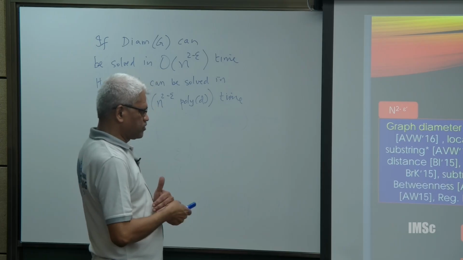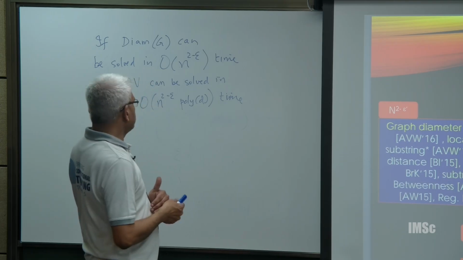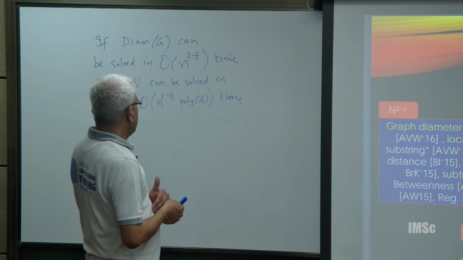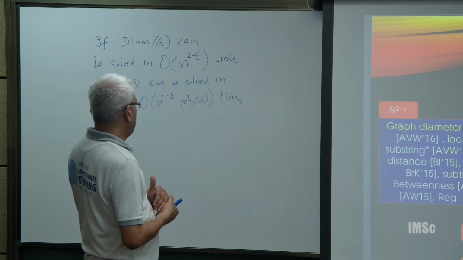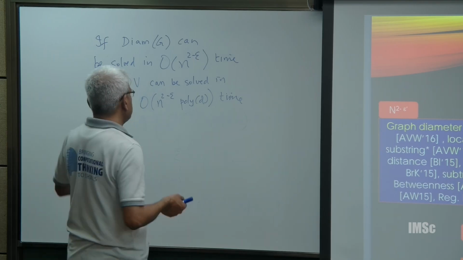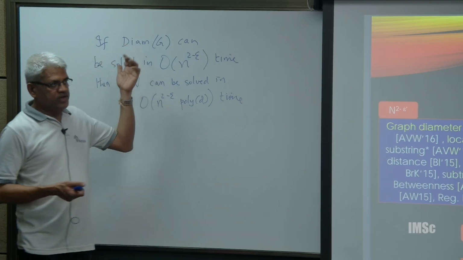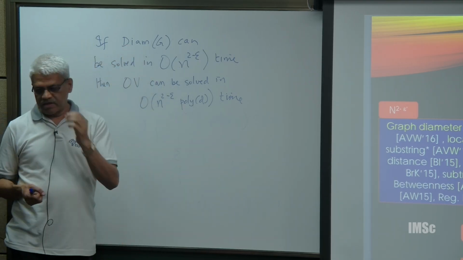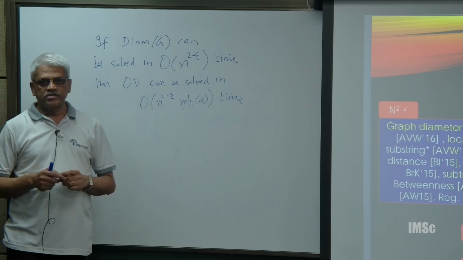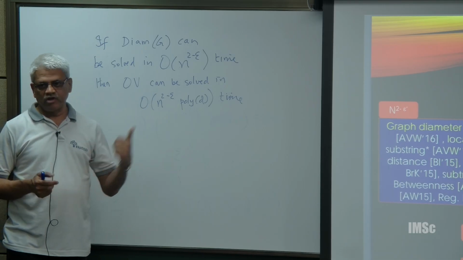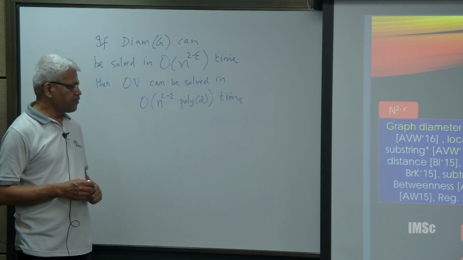So, this is what we are going to do. In other words, we are going to reduce the orthogonal vectors problem to the diameter finding problem, then apply the subroutine for solving diameter to solve the orthogonal vectors. Okay.